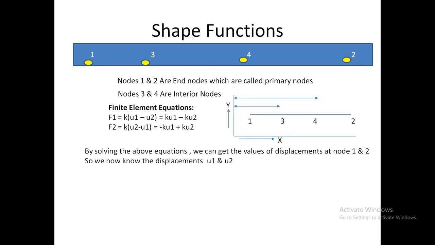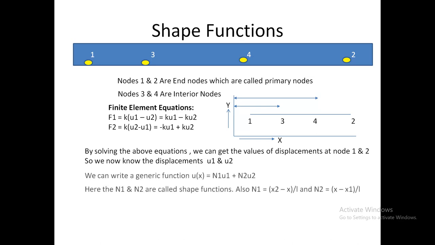Once we have the displacements u1 and u2 at x1 and x2, we can write the generic function like this: u of x is equal to N1 u1 plus N2 u2. What it means is, if I want to find the displacement at any point x, I can write a function u at x, that is, displacement at any point x is equal to N1 u1 plus N2 u2.